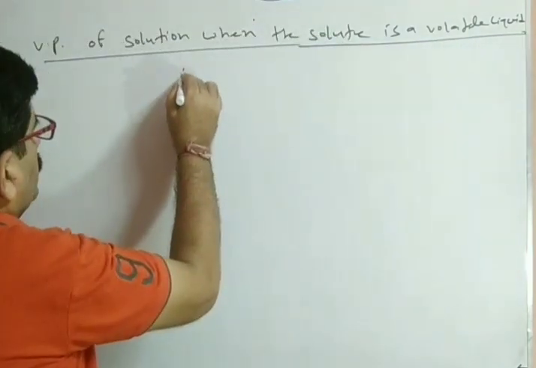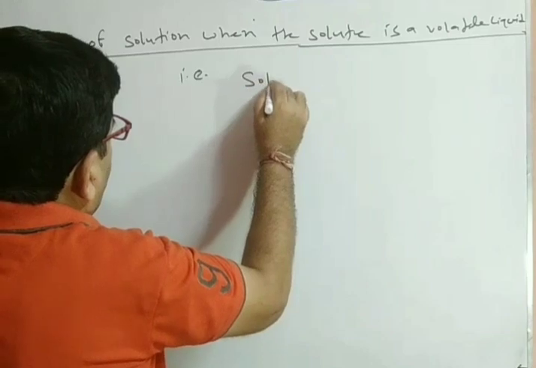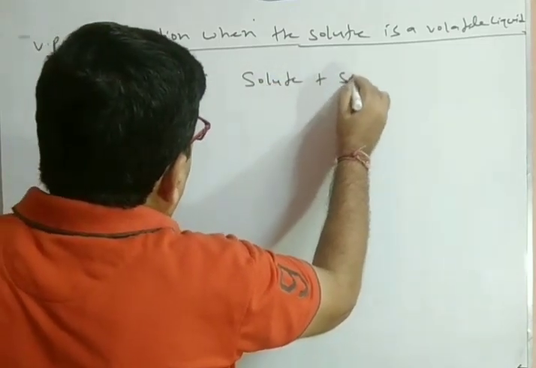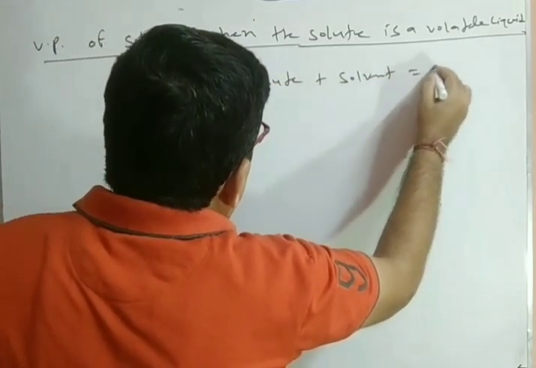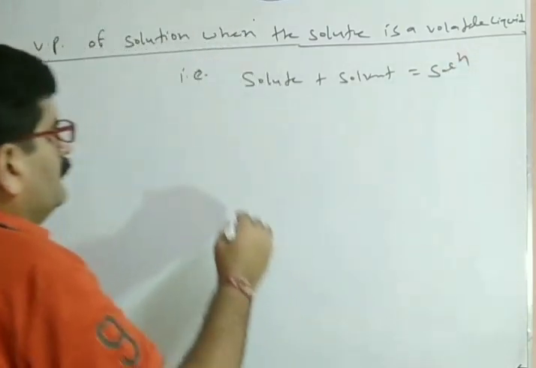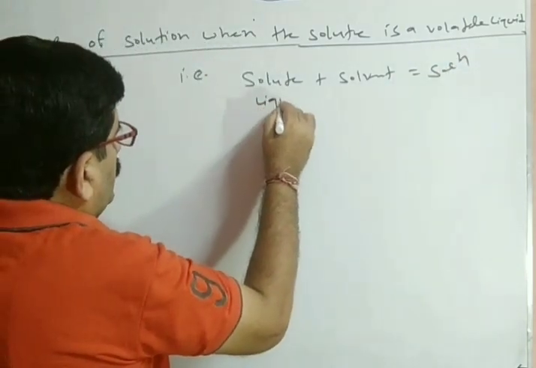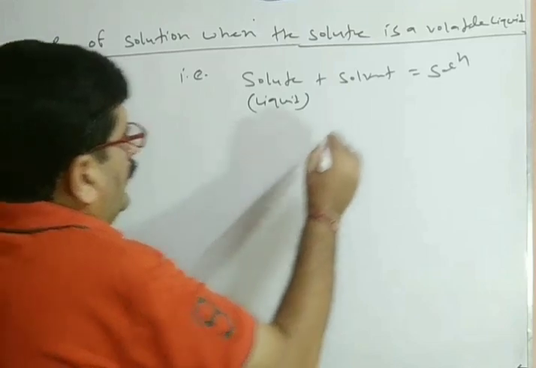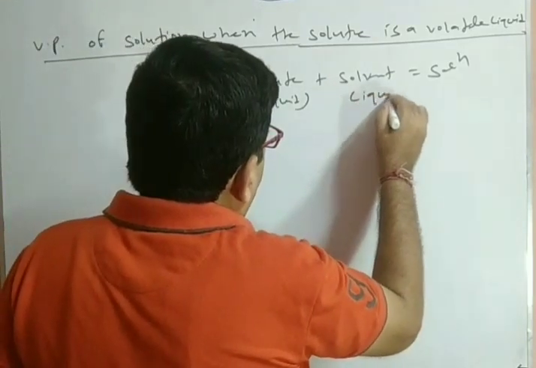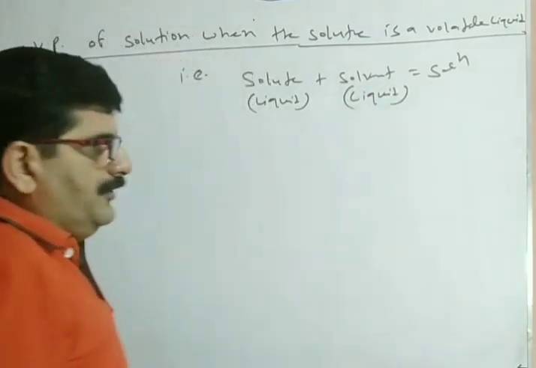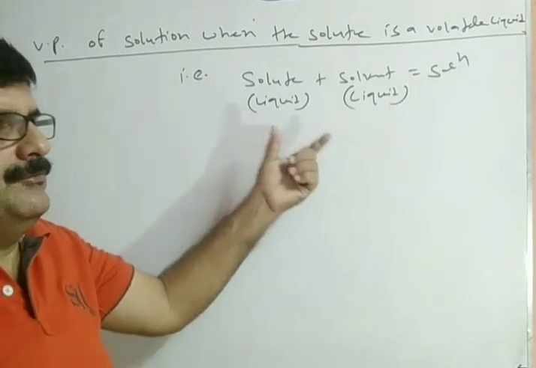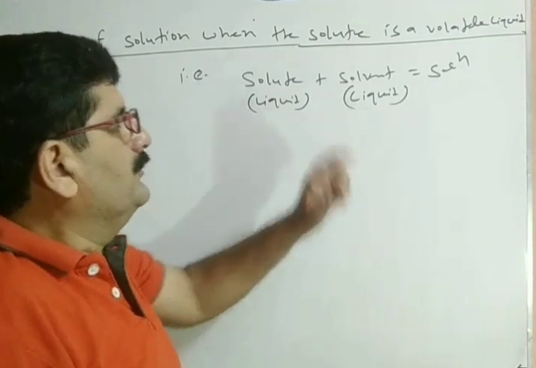Means what? Solute plus solvent is equal to solution. Solute is liquid and solvent is also a liquid. It means two miscible liquids are given in a solution.